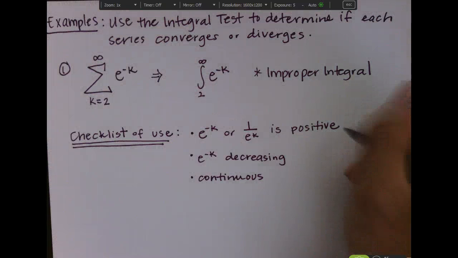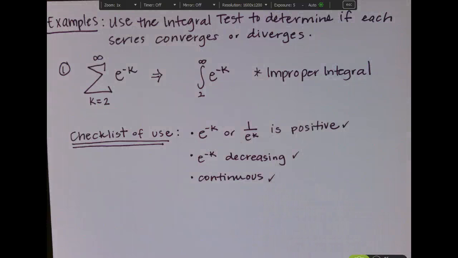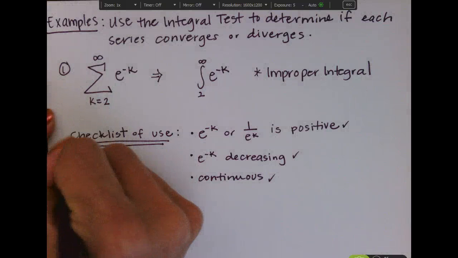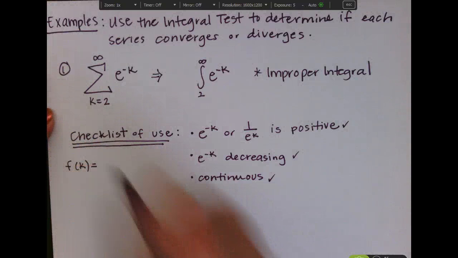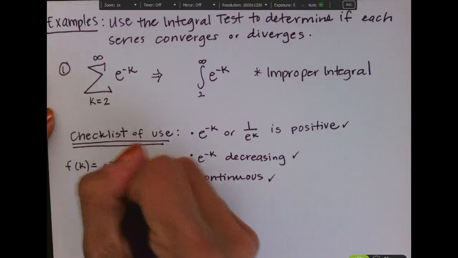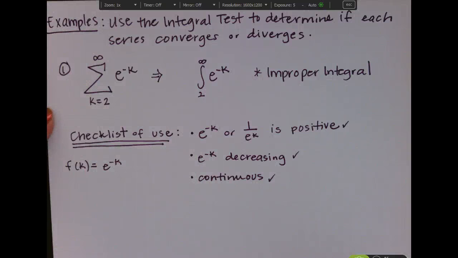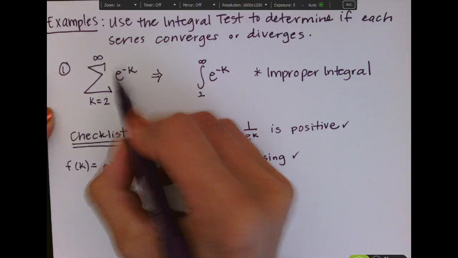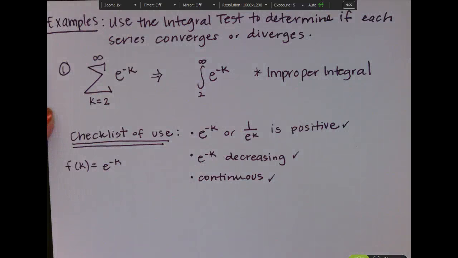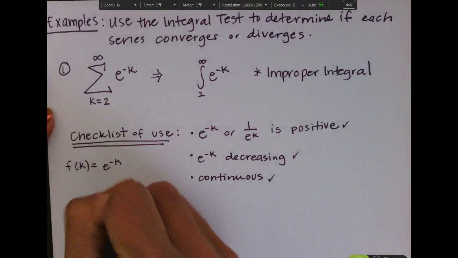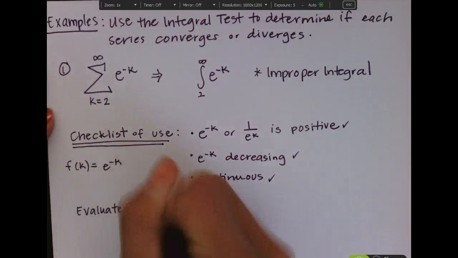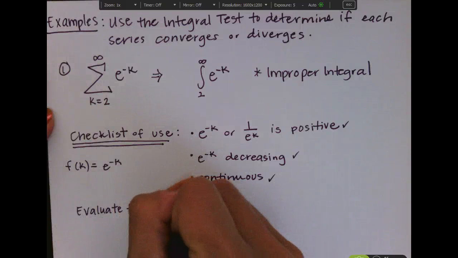So in terms of our checklist, it meets all of our criteria, and also we are going to assume that f of k is equal to a sub k, which is the formula in our infinite series. Okay, so moving on, since it does meet all of our criteria, then we're going to proceed in using the integral test.